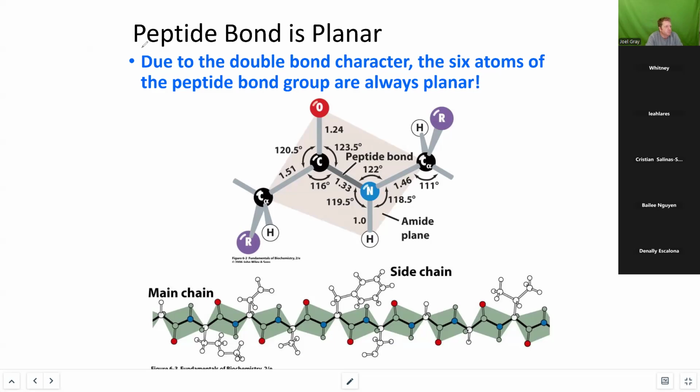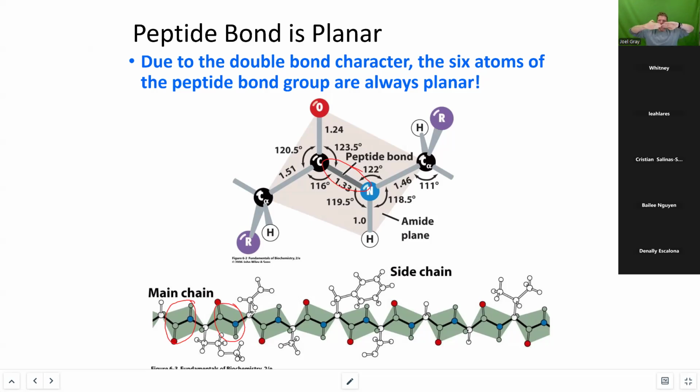So back to the peptide bond. It's a planar kind of molecule. Due to the double bond character, the six atoms of a peptide bond group are always going to be planar. So here's our peptide bond, and it's going to be like this. Each one of these little squares, I always try to visualize as my palms. Each square is the palm of my hand. So there can be rotation about these.